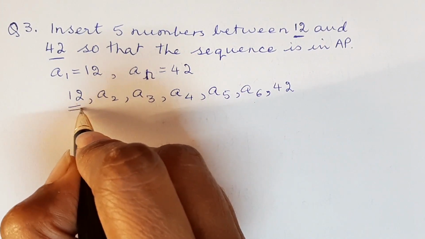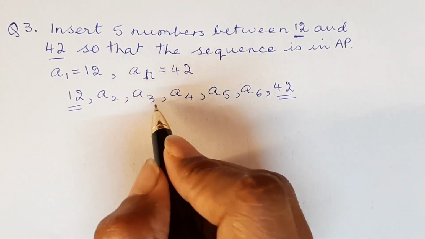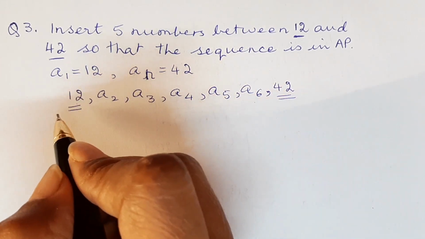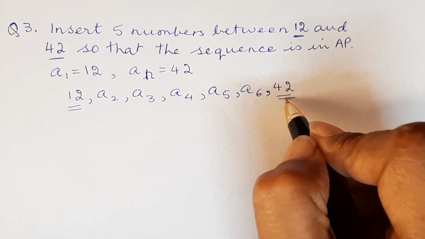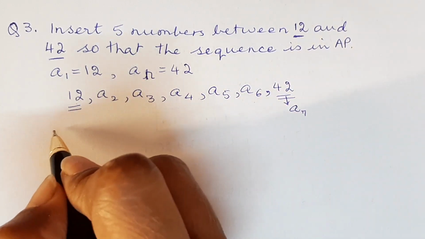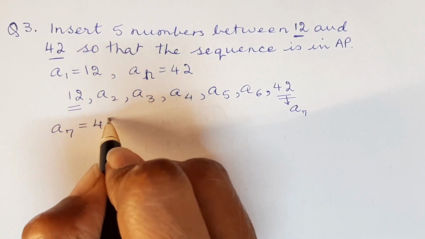So we see the first term here, the last term here, and in between we have 1, 2, 3, 4, 5 terms. And so we can actually see that our 42 is AN. What is this? This is AN, which is A7. So we will say A7, that means the 7th term is 42.